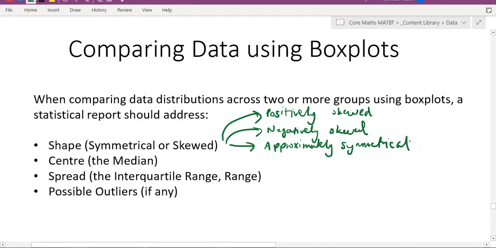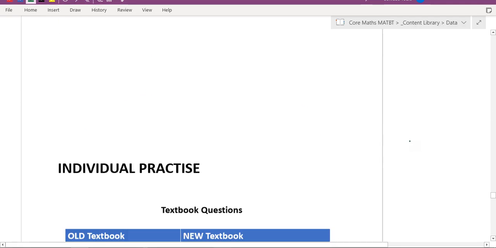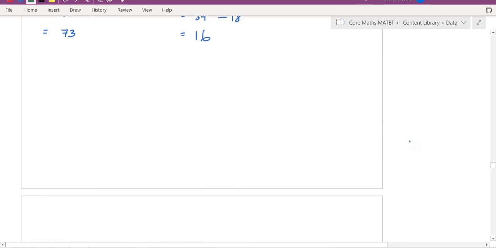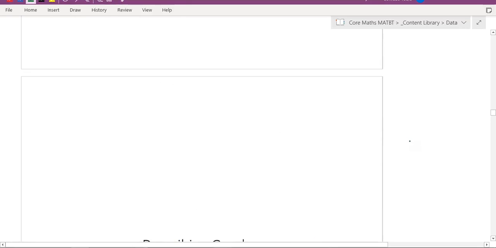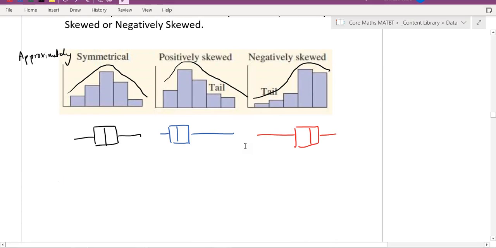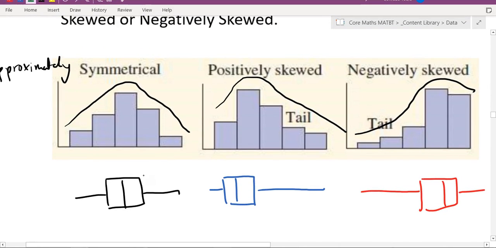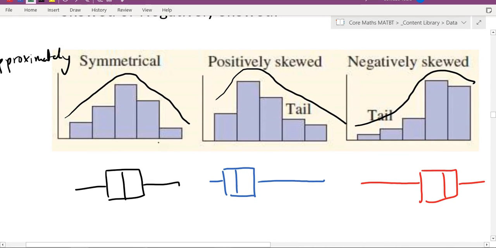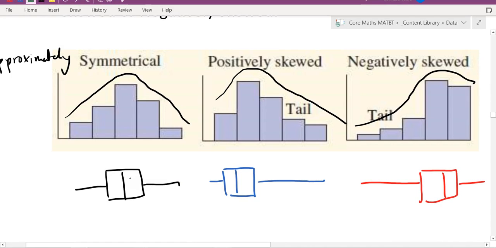Now, if you remember back to the previous chapter, I'm just going to scroll up real quick and go back to that. You'll remember how I talked about shapes, and I got you to draw those box plots. Here are the examples of box plots and their shapes. If it's a box plot that looks approximately symmetrical, have a look at where the median is in the box plot.